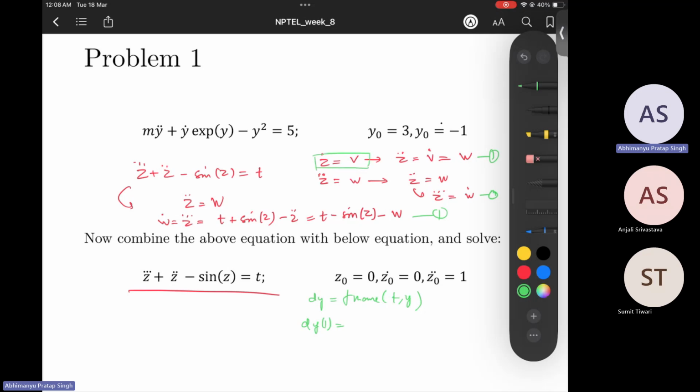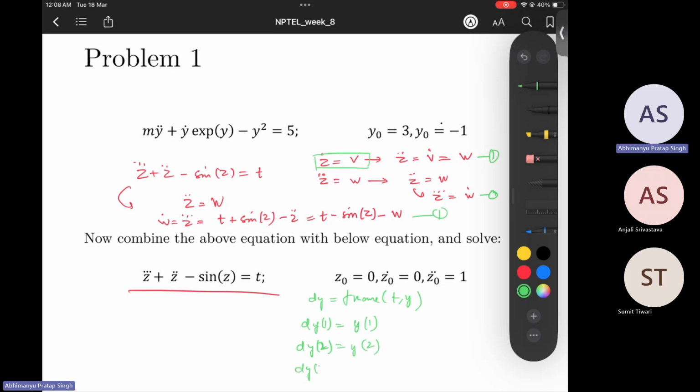Z dot, so that would be my y1. Dy2 is my z double dot, that is my w. So basically that is my y2.